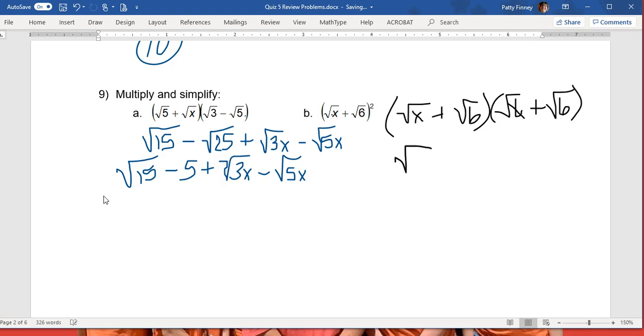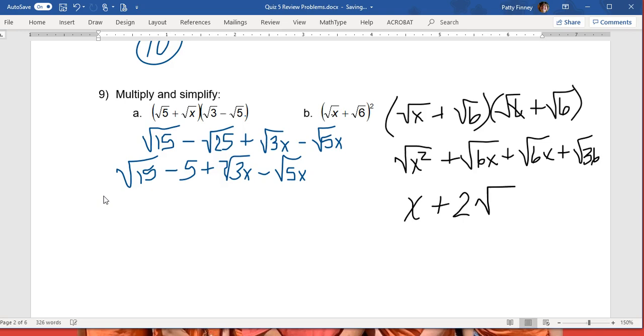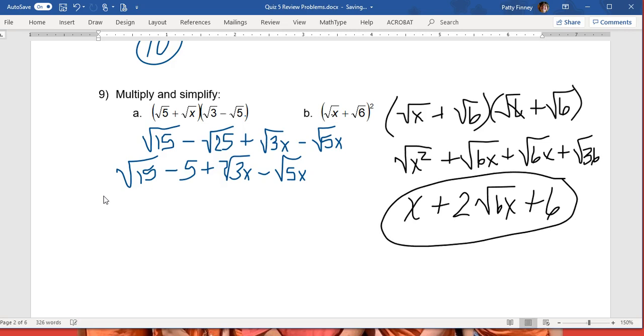So that's the square root of x squared plus the square root of 6x plus the square root of 6x plus the square root of 36. So when we simplify, the square root of x squared is x, the square root of 6x plus the square root of 6x is 2 times the square root of 6x, plus 6. And there you go.